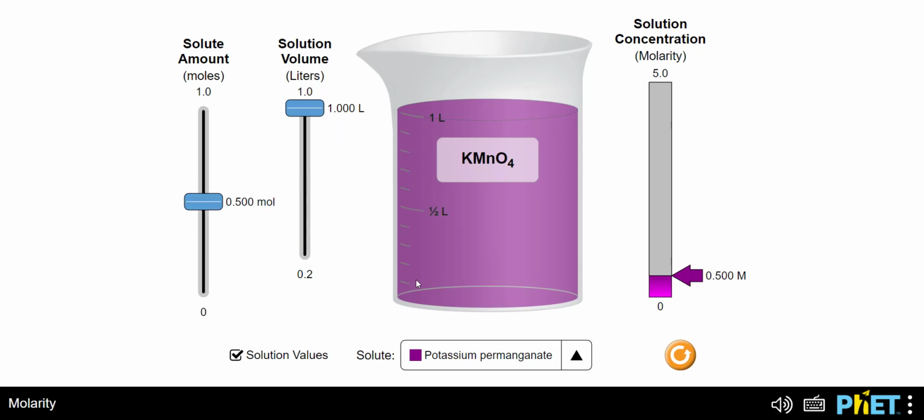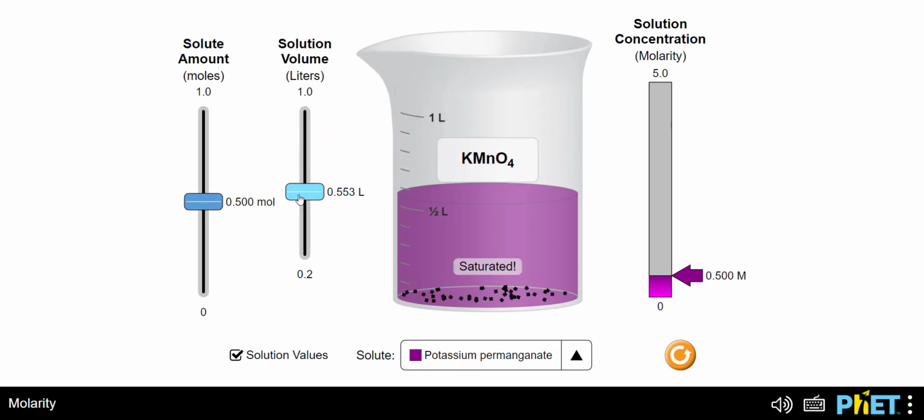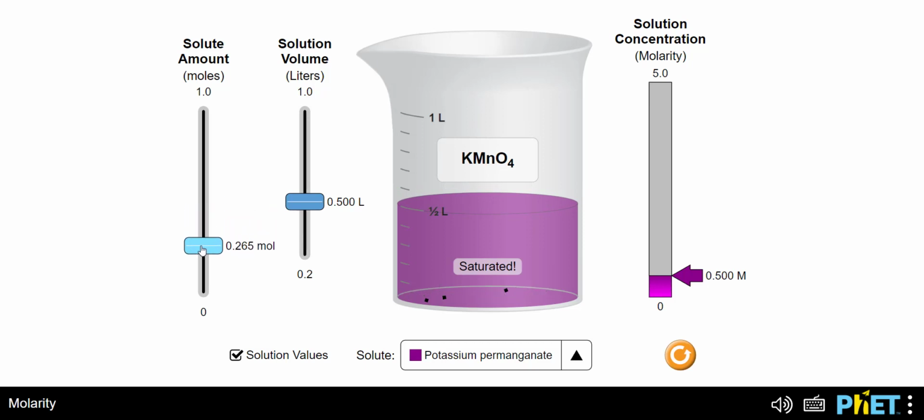So just to show you really quickly, again, the relationship here, what I did, because I think it makes it very clear, is 0.5 moles in a liter is 0.5 molar. However, I could have also said 0.25 moles in half a liter, right?